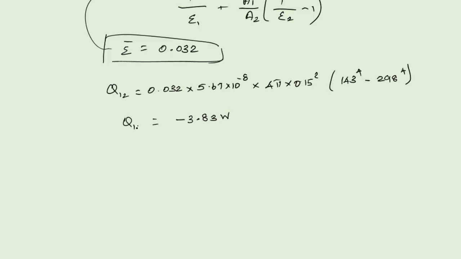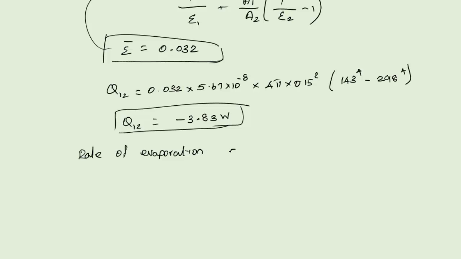So this is the amount of heat liberated. Now the rate of evaporation has to be found out. It is nothing but heat transfer divided by latent heat.